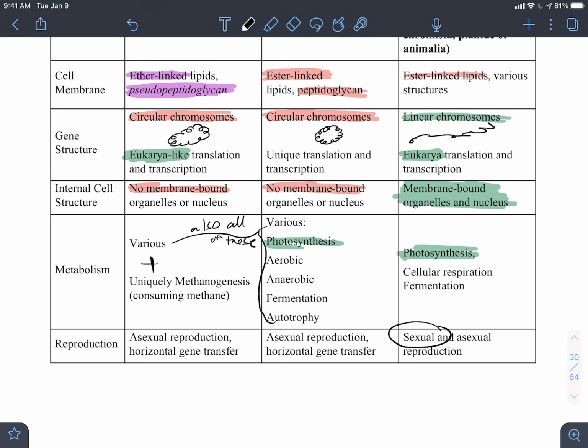They also have that horizontal gene transfer I discussed earlier, where two of these bacteria or archaeans are going to connect their cilia. And when the cilia connect, they can actually transfer genes through them. That's really weird, but it is something that only they can do.